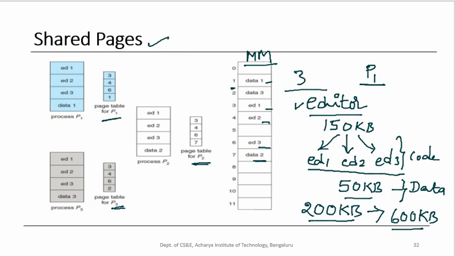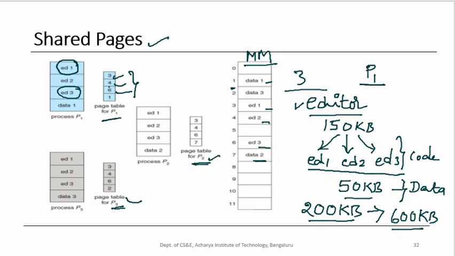For example, if you look at the page table of P1, there is an entry 3, which means that page 0, that is ED1, is stored in frame 3, ED2 is stored in frame 4 and ED3 is stored in frame 6. The same entries are repeated in the page tables of P2 and P3.